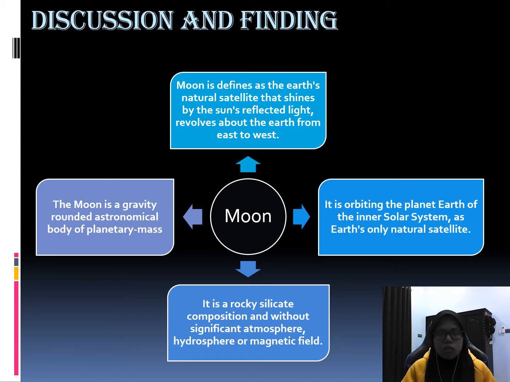The Moon orbits the planet Earth of the inner solar system as Earth's only natural satellite. The Moon is also known for its rocky silicate composition, without significant atmosphere, hydrosphere or any magnetic field. Basically, the Moon is a gravity-rounded astronomical body of planetary mass.